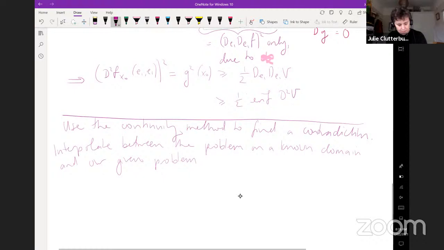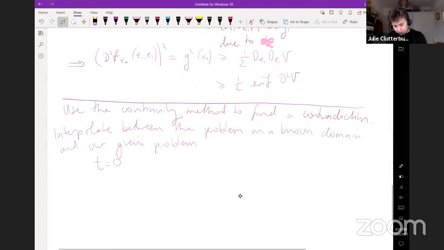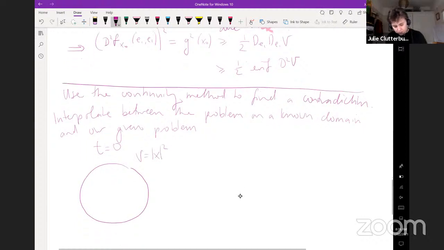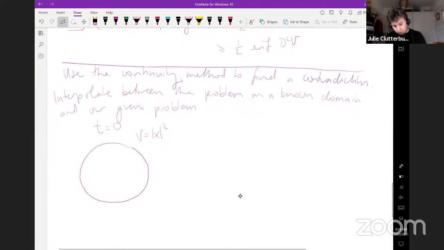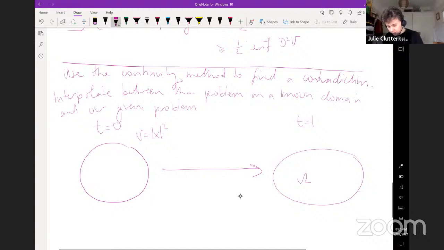And so our known domain here will be the ball with the potential given by x squared. At t equals 1, where t is a parameter here, it is just our general domain omega and whatever potential we're interested in.